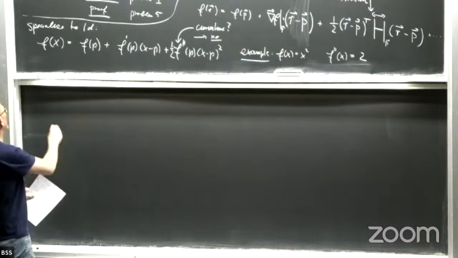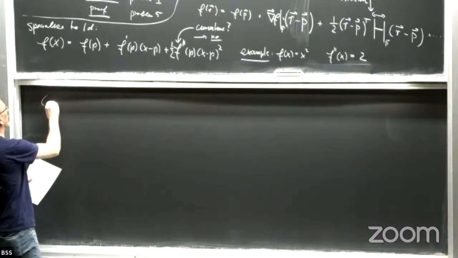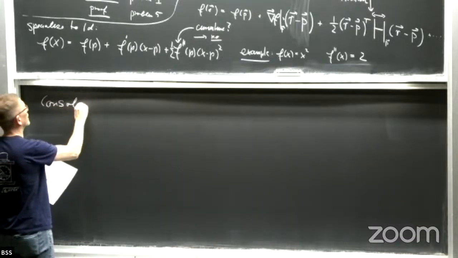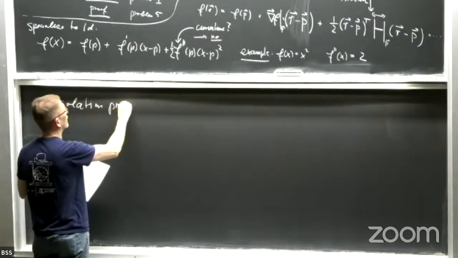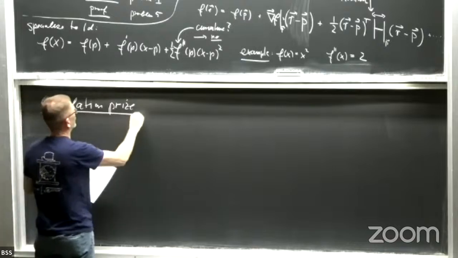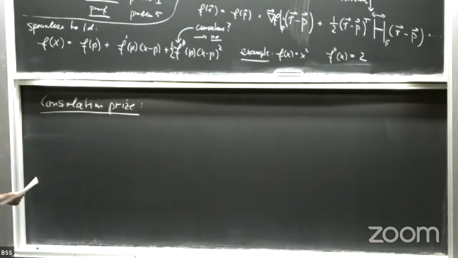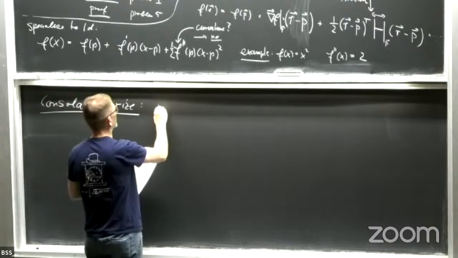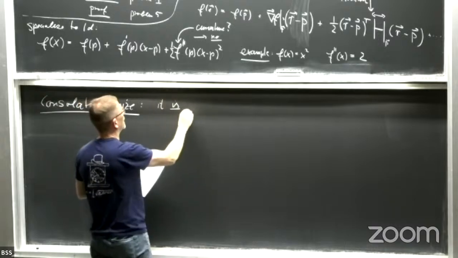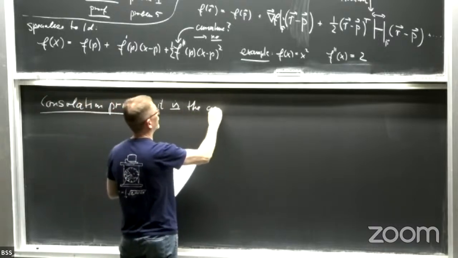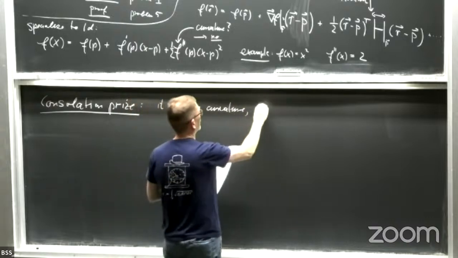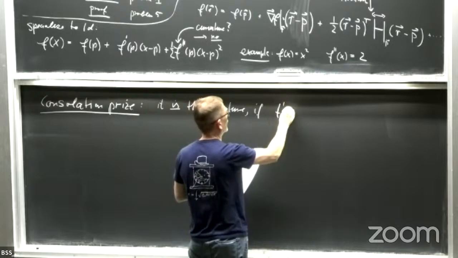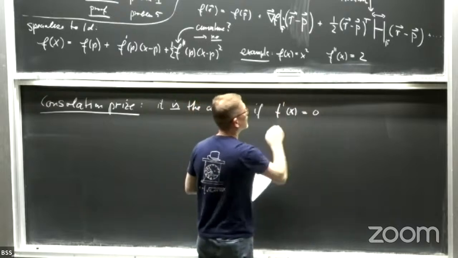Okay, there's a consolation prize, though. The consolation prize is that it is the curvature if f prime of x is equal to 0.